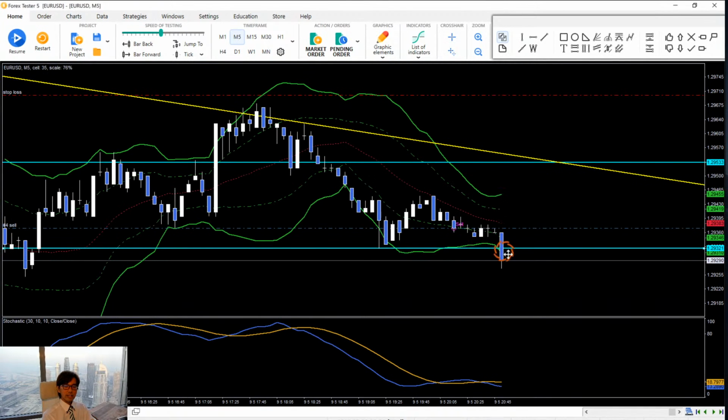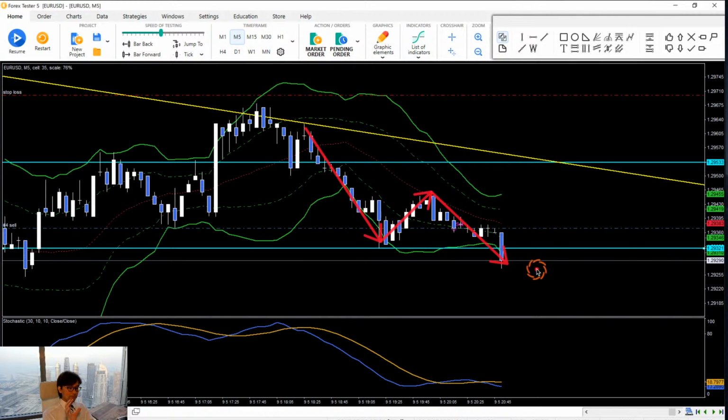Okay, so there is a nice breakout. So here finally I can conclude that this is bearish. The market became bearish in wave by breaking the previous support level in the 5-minute chart, you see.